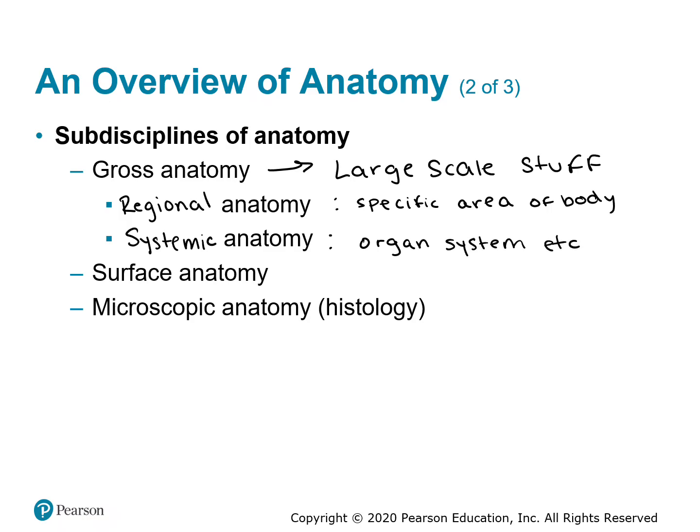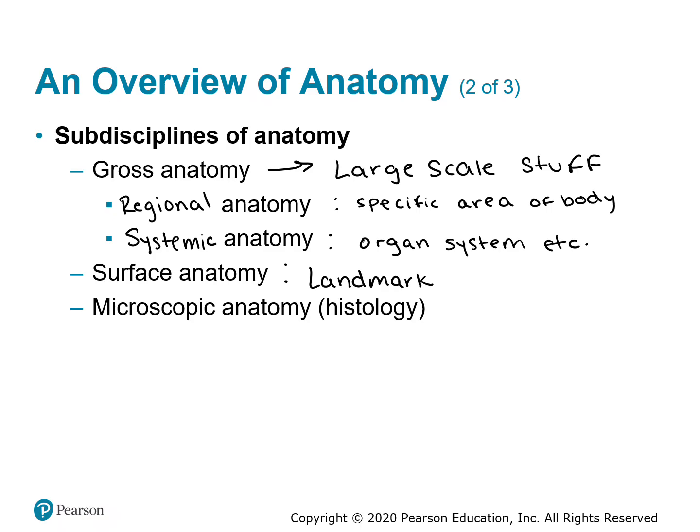etc. We also have surface anatomy, which tells us where some specific markers are. For example, the superior orbital ridge. You can feel that at the top of your eyes where your eyebrows sit, right? So surface anatomy is referring to landmarks we can touch and find throughout the body.